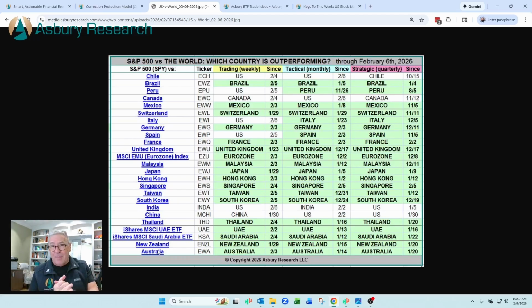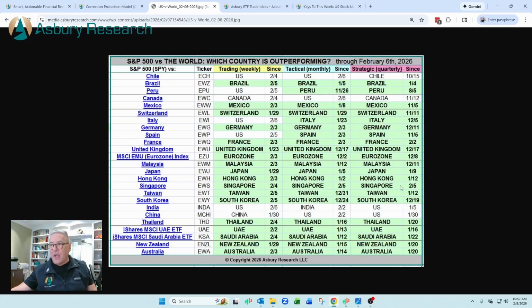What's basically happened is in August through October, we started seeing outperformance in South America. After that, Canada and Mexico started to outperform. You can see here November, middle of November. Then once we got into latter November and into December, Western Europe kicked in.